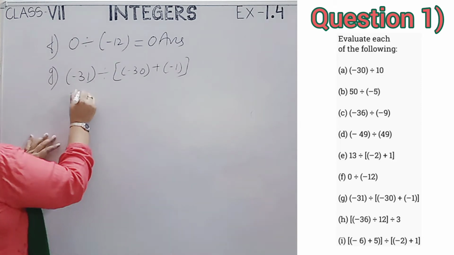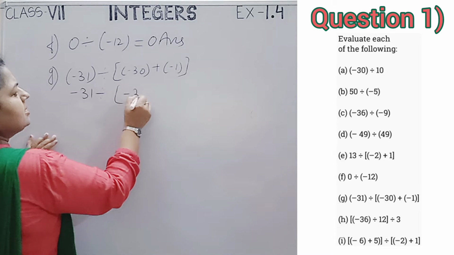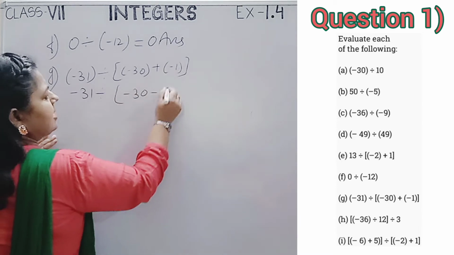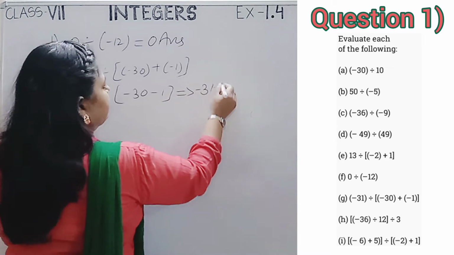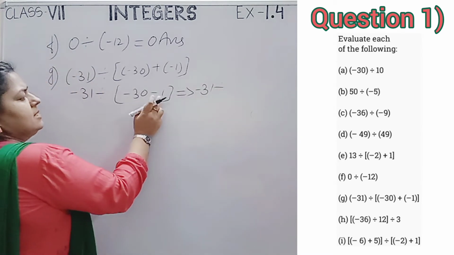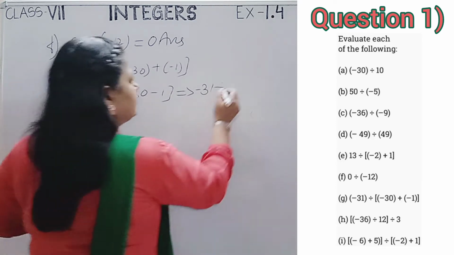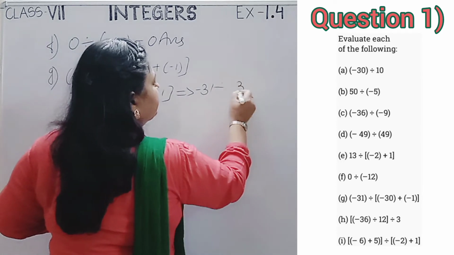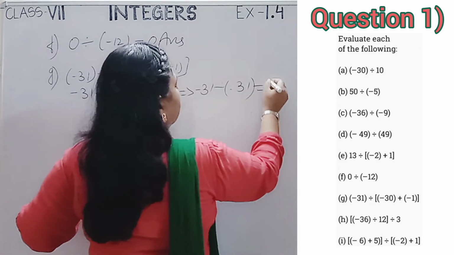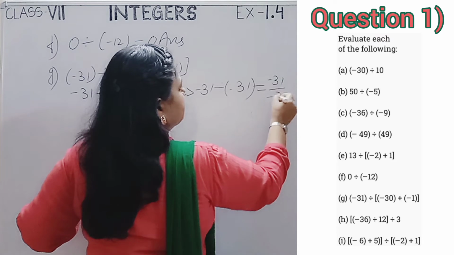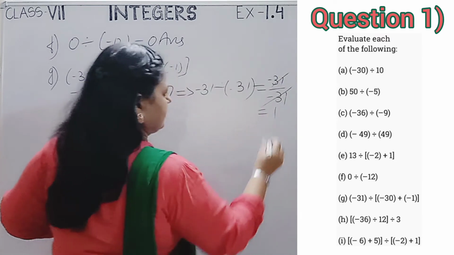So come to the first bracket, minus 30 minus 1 is minus 31. So again divided, minus 31 by minus 31, cancel out, and we have answer as 1.